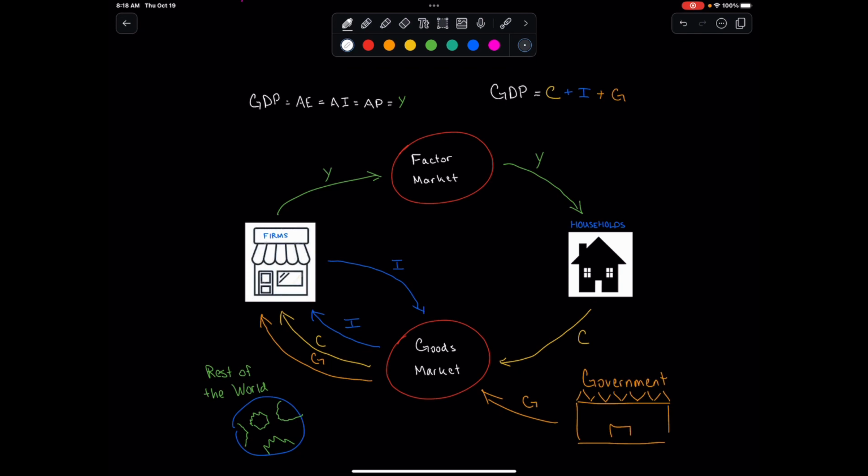Export means the rest of the world is buying goods off this economy, this cycle. In this case, consider this Canada. They're going to buy goods from Canada. Importing is Canada buying goods from this economy. So, let's first talk about exporting. Exporting, we'll use pink, is the rest of the world putting money into the goods market.